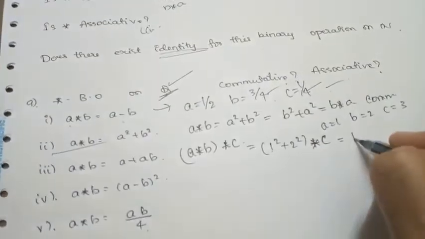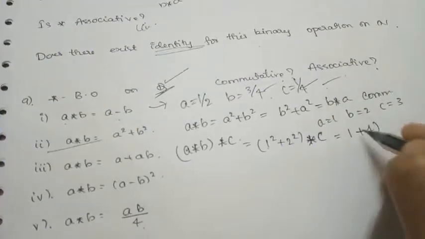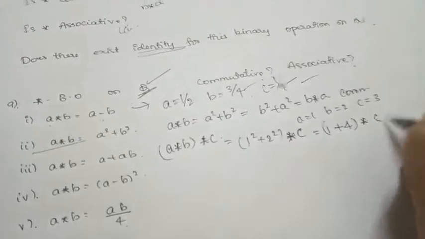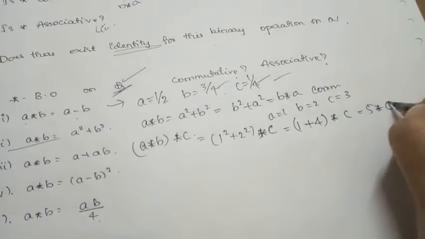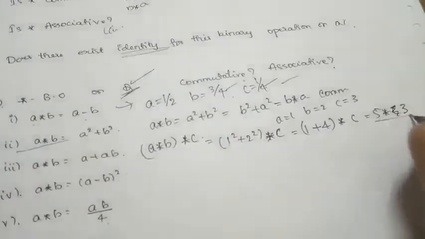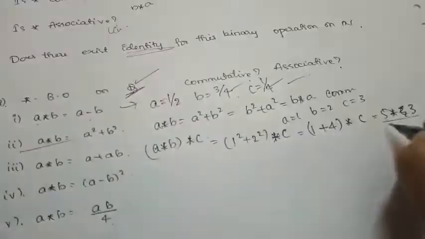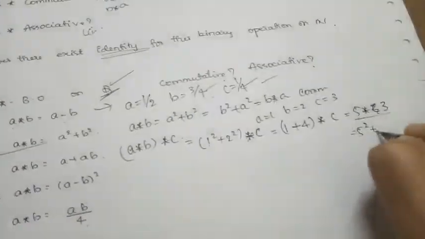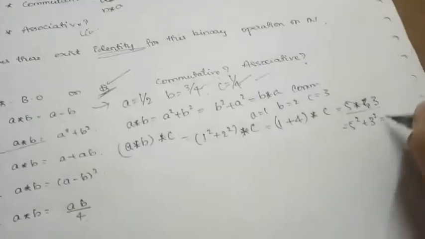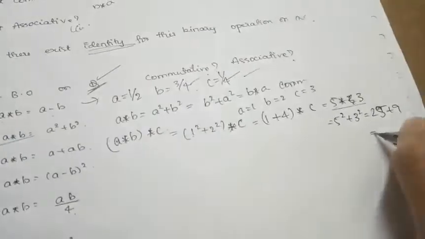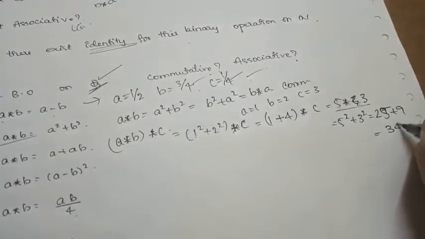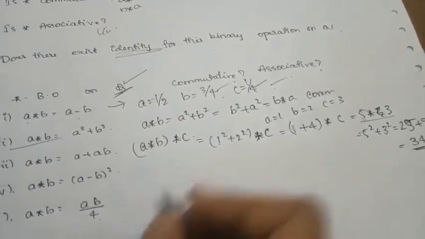What is 1 square? It is 1. What is 2 square? It is 4. So it is nothing but 5 star C. The value of C is 3. What is 5 star 3? According to the definition, it is nothing but 5 square plus 3 square. 5 square is 25, 3 square is 9. So obviously it is 34. So this is our LHS.